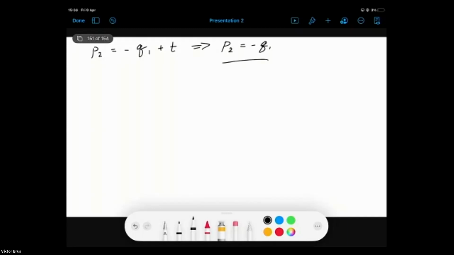So we have minus N divided by Q1, because instead of P2 in the denominator we put minus Q1, then plus 1 over Q2. This will be equal to 1 minus N over R2.